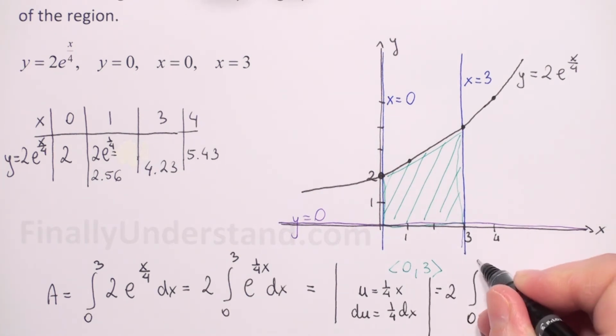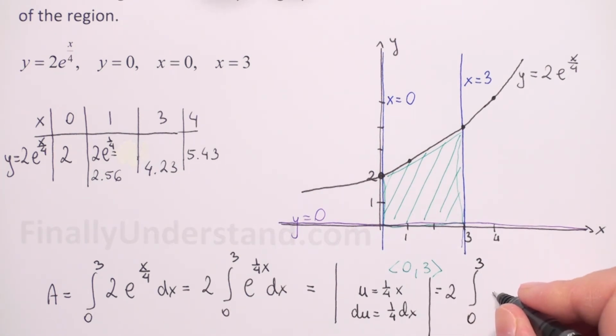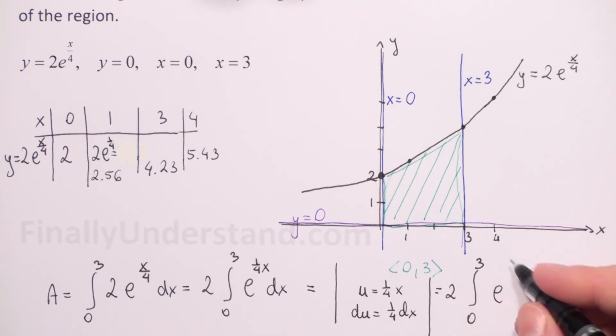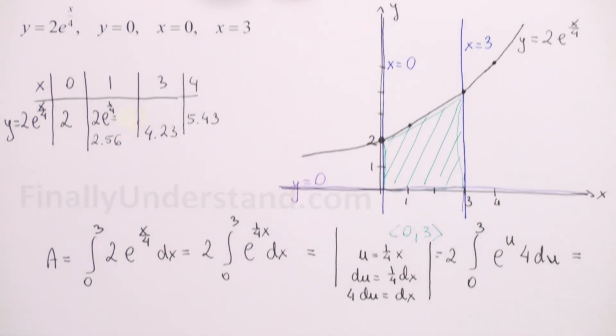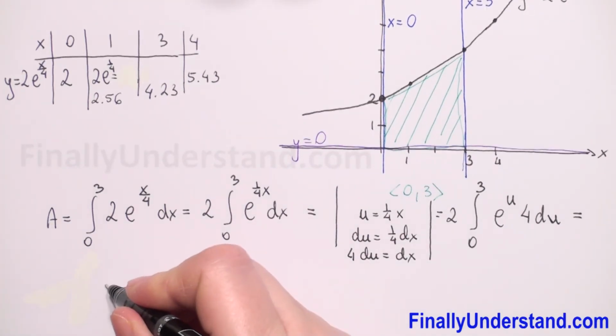So we have from 0 to 3, and we have now e to power u, and because we have here only dx, I will multiply both sides by 4, so that 4 du is equal to dx. So we have to put times 4 du. So this is equal to 2 times 4, which is 8.